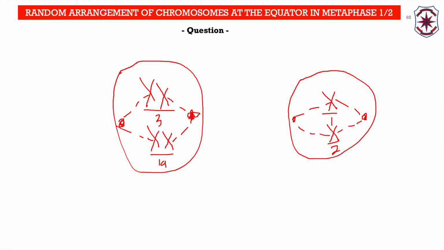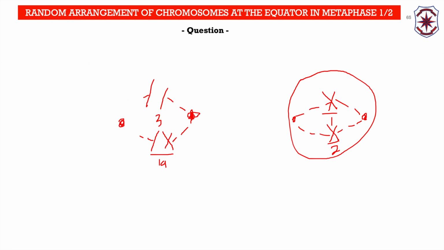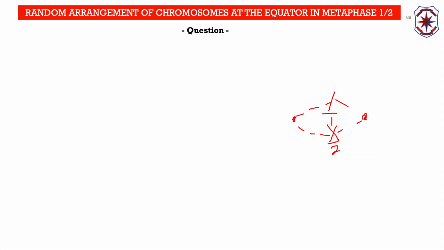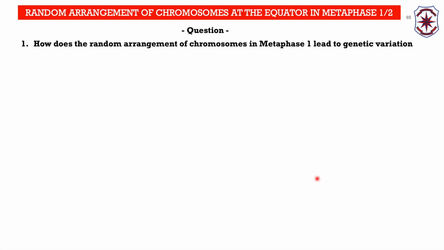Okay, now let us contextualize this. Let me just erase and make space for the text. Bear with me. Okay, there we go. So first question, how does random arrangement of chromosomes in metaphase 1 lead to genetic variation? Okay, so the answer is, remember you need to know this answer.